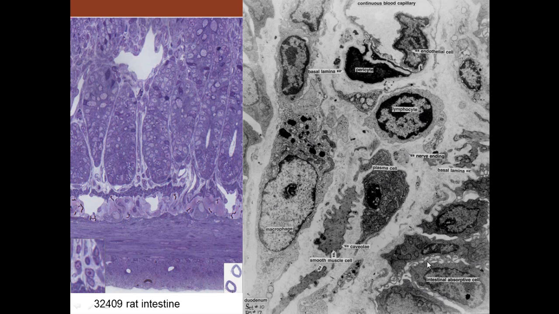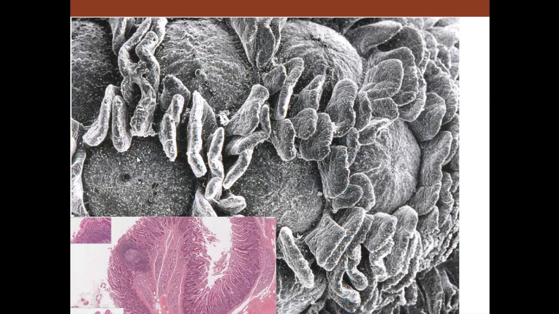You can see the lateral interdigitation of the cells, and you can even see the basal lamina going around these cells. So the connective tissue cells in the lamina propria that you see there include smooth muscle cells and the immune cells as well.